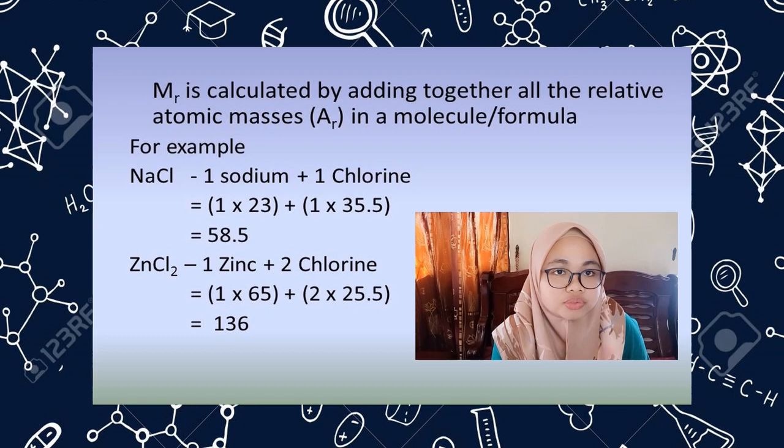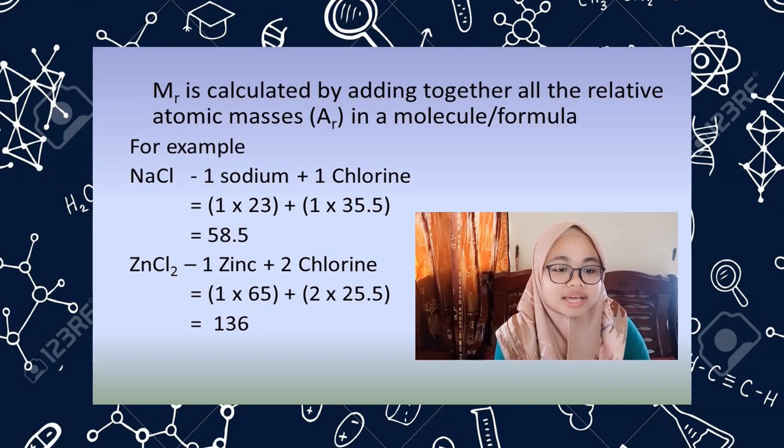The second example is zinc chloride, 1 zinc plus 2 chlorine. You can calculate bracket 1 times 65 plus 2 times 35.5, and you can get 136.